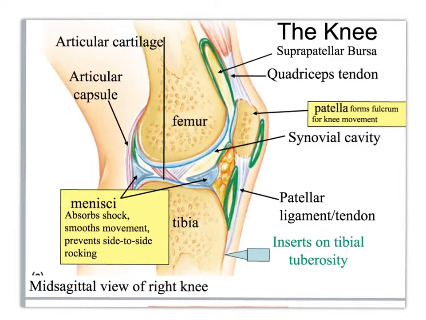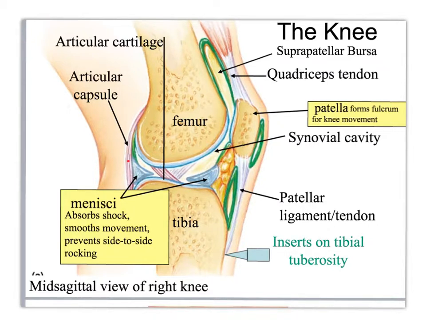All right, so now we're looking at the knee, and what you should notice is we've got our femur labeled, the tibia labeled, and the patella labeled, okay? Then what you're going to see up here is where you're going to have the articular capsule. They're not really showing it very effectively on the anterior side.